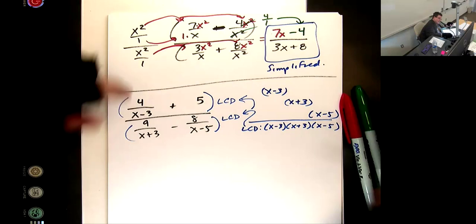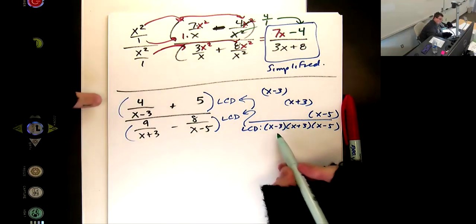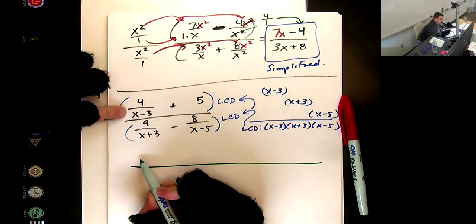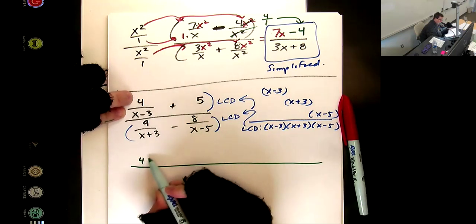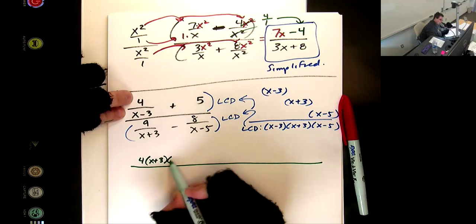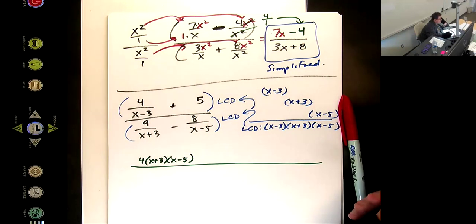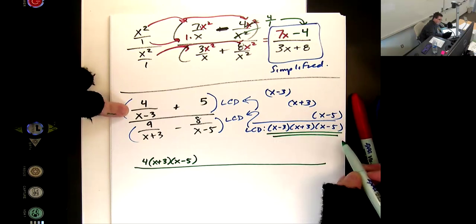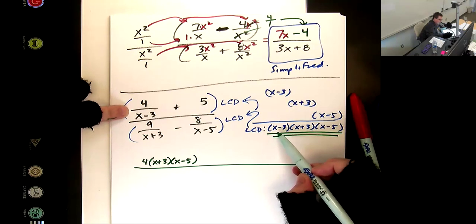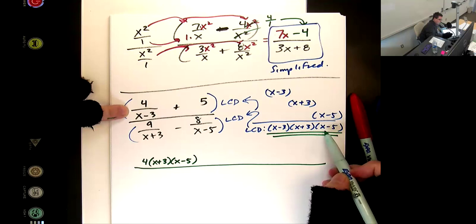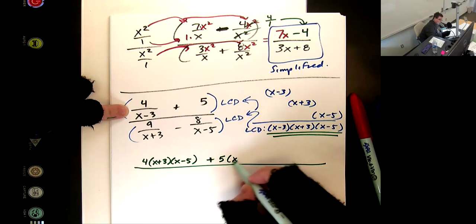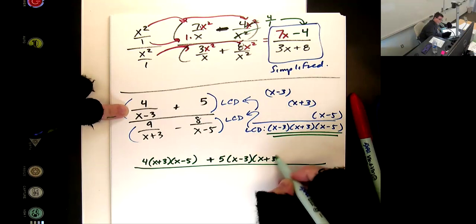If I distribute that, if I do all of this times the first one, the x minus 3 cancels, but I'm left with x plus 3 and x minus 5. Does that make sense? If I multiply this first thing by that, the x minus 3's will cross off, and I have the rest. The 5 has nothing in the denominator, so it gets all of them.